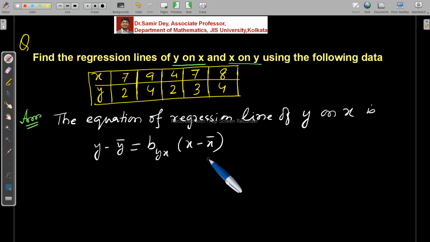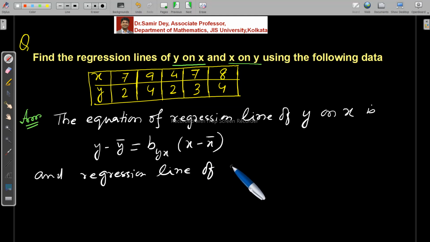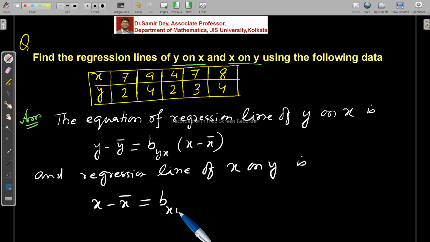And the regression line of x on y is x minus x bar is equals to b_xy times y minus y bar. Clear?